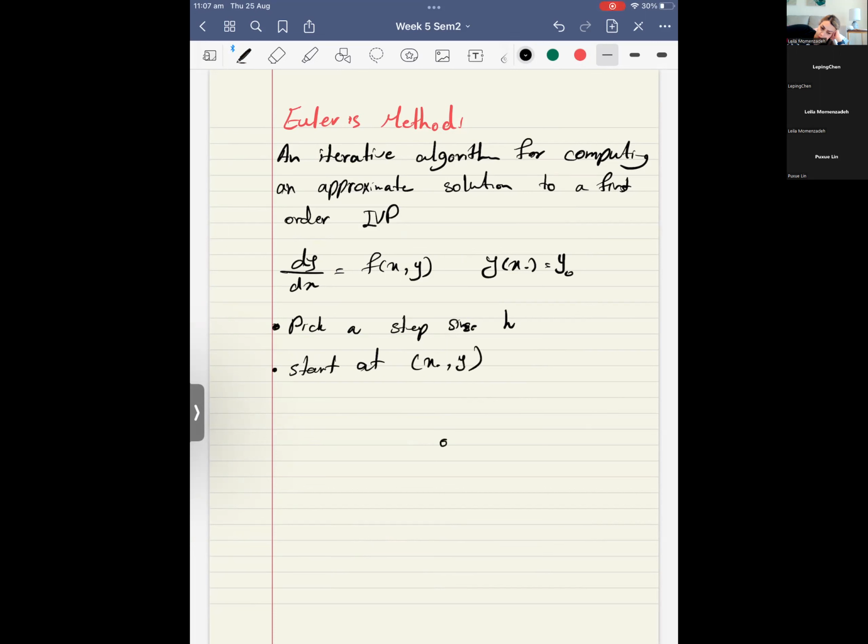For example, this point is x0, y0. Then for the point x1, y1, we use the step size h. It means that x1 is equal to x0 plus h, and y1 is equal to y0 plus f of x0, y0 times h.